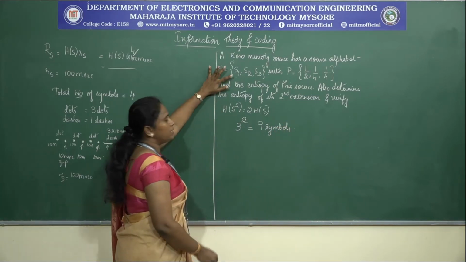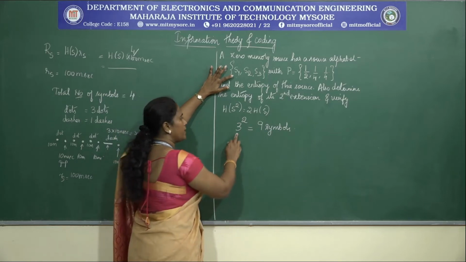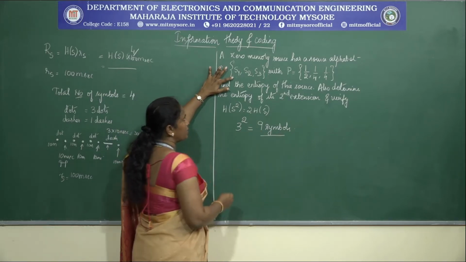Let us consider the different combinations to predict the 9 source symbols.